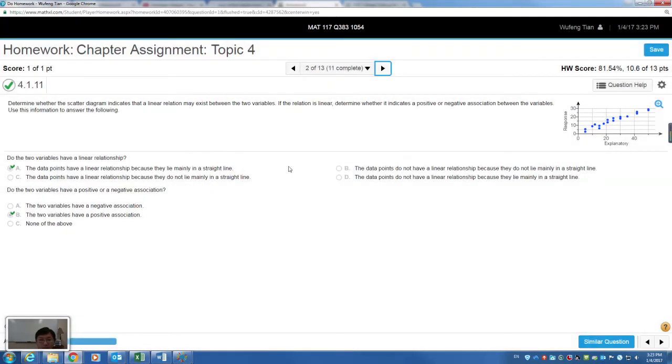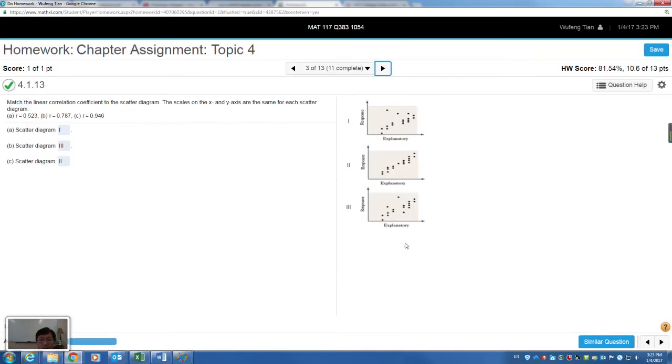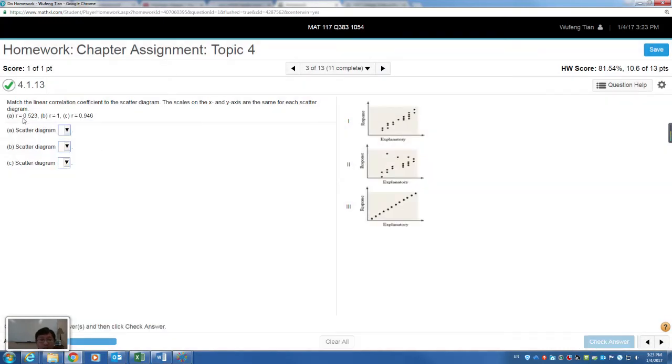Okay, the second one is pretty much similar to the previous one. It's a linear relationship. It's a positive association. It has a positive slope, so it's a positive linear relationship. And the next one, you can tell this scatter plot, 0.52, is not really a good linear relationship.